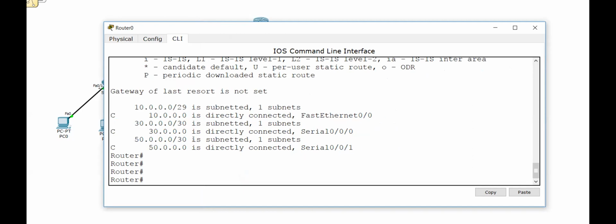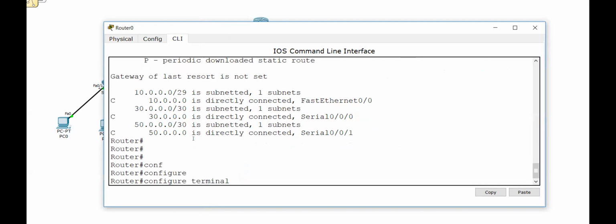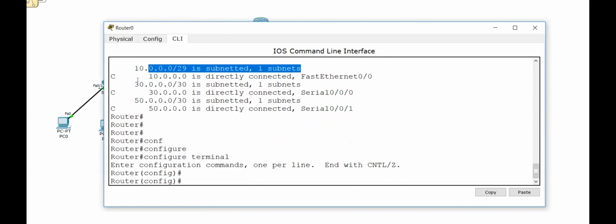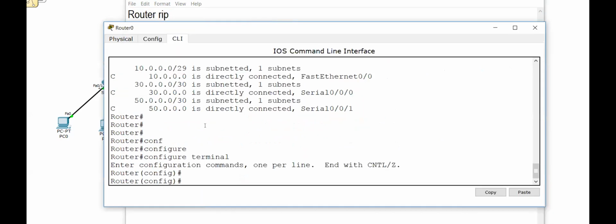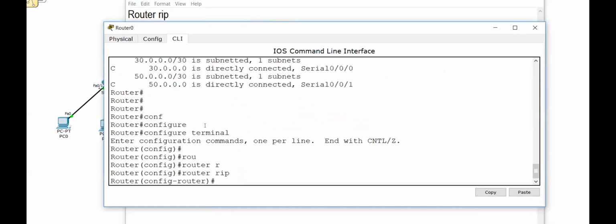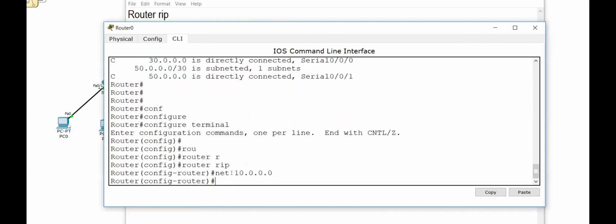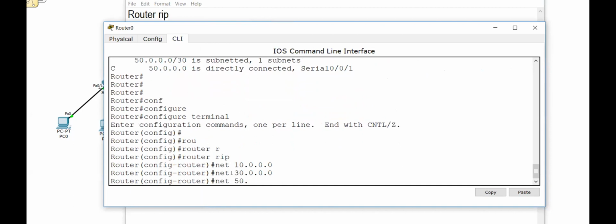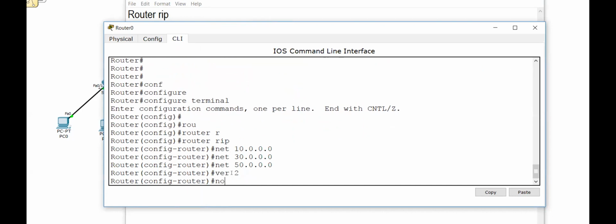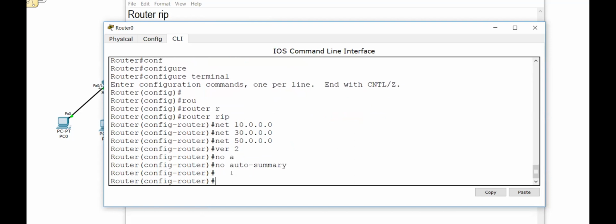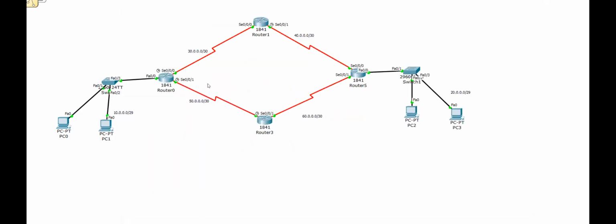We don't have to work on indirect networks, so just go to configure terminal. I'm writing router rip. My first direct network is 10.0.0.0, my second is 30.0.0.0, my third is 50.0.0.0. And at last, version 2, no auto summary. So my router 1 task is done.